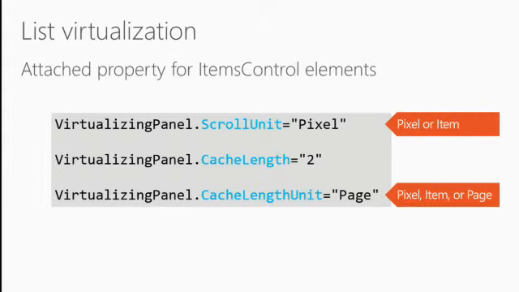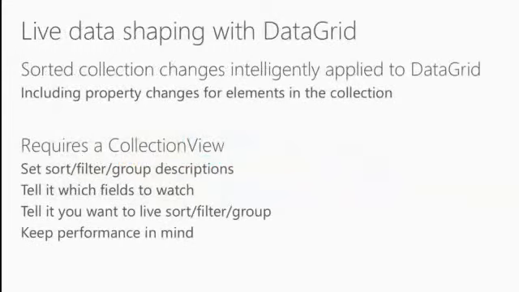We support controlling the cache length, so you can say, I want 2 pages above and 2 pages below to be cached. And you can actually say 2, 2 for before and after on that. It's a property there. And you can say whether or not you want to cache that number of items, that number of pages of items, and a page is based on what's actually displayed, or pixels, actually, if you want to cache a certain number of pixels. So we'll look at that in a second, I think, here.